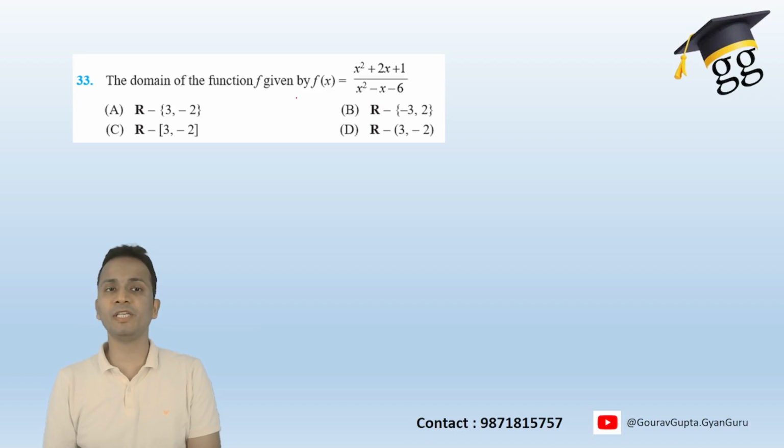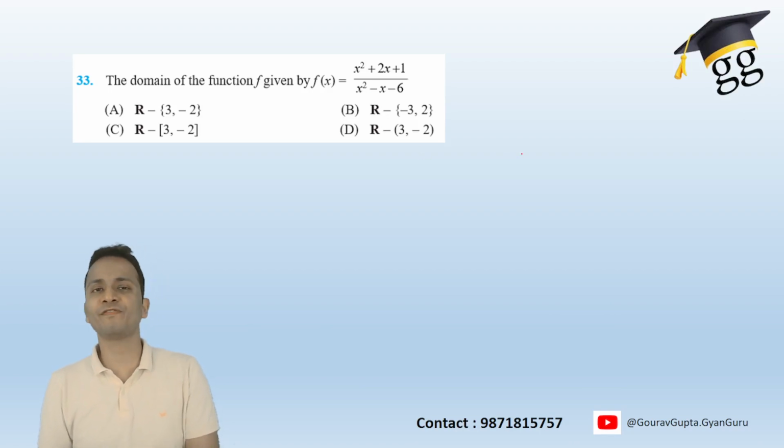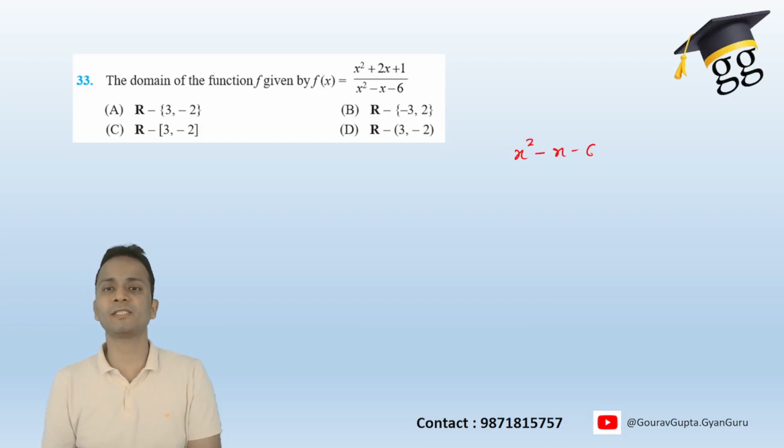Now, question number 33 is a rational function. I have a numerator, I have a denominator, and nothing complex is given about this function. So it's just that the denominator should not be equal to 0. So let's find out the values of x for which the denominator will be equal to 0. So x square minus x minus 6, the denominator, is equal to 0.